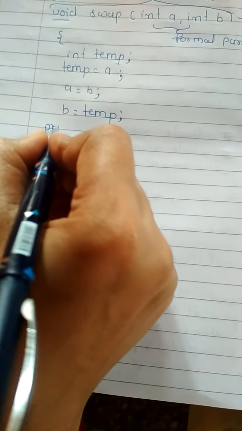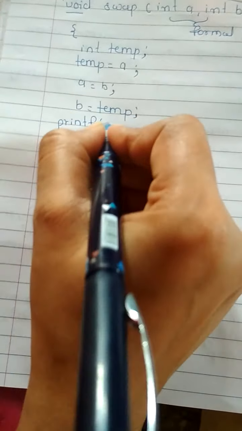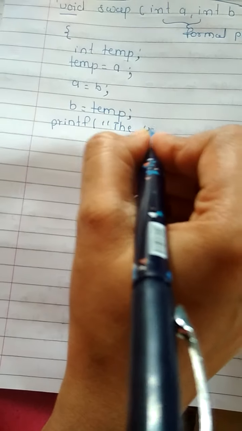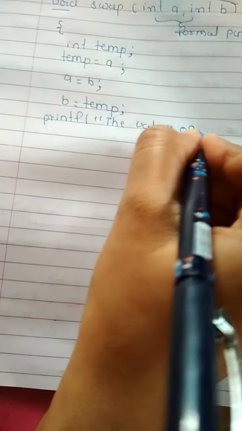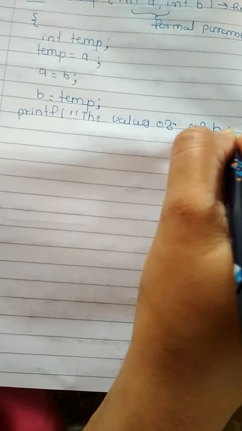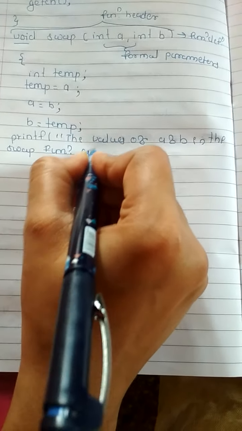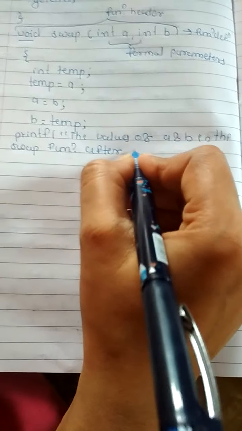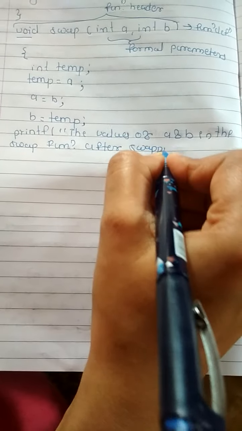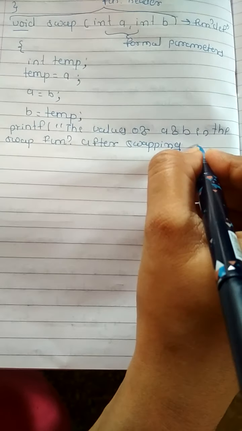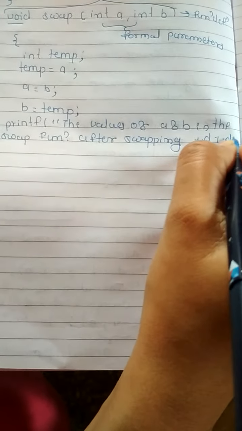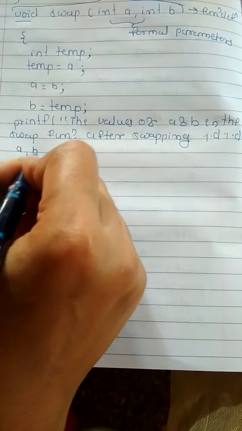After that, we print the values of a and b in the swap function after swapping, with %d, a comma b.